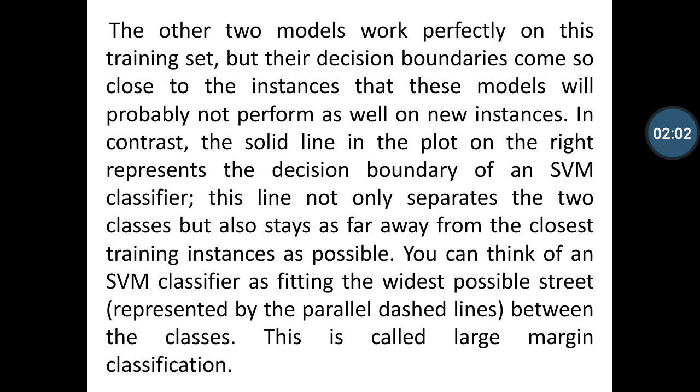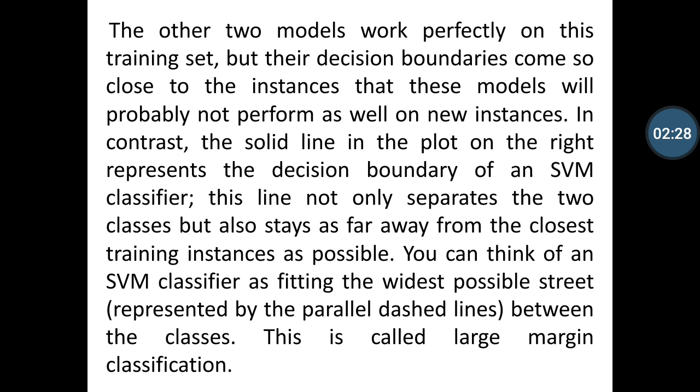The other two models work perfectly on this training set, but their decision boundaries come so close to the instances that these models will probably not perform as well on new instances. In contrast, the solid line in the plot on the right represents the decision boundary of an SVM classifier.